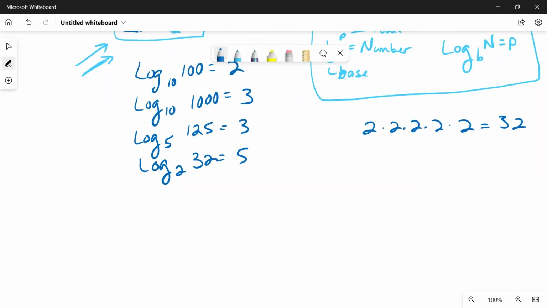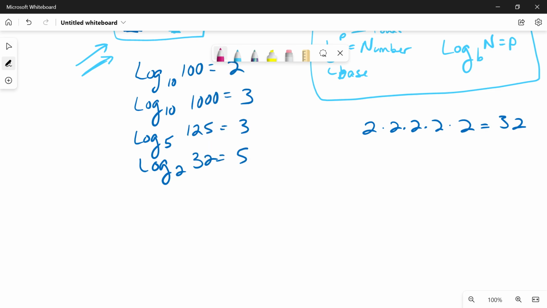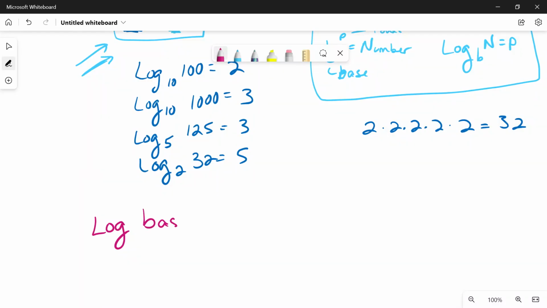All right. Let's look at a couple of other ideas here. We want to make a note that the log base cannot be 0 because 0 to any positive power is 0. It also cannot be 1 because 1 to any power is 1. So the log base cannot equal 0 or 1.